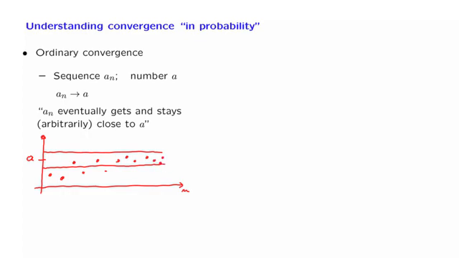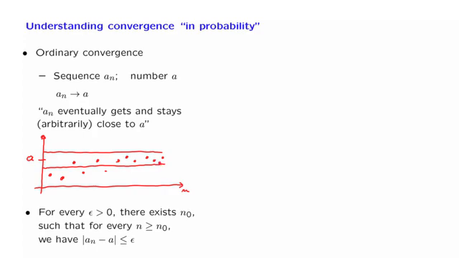Now, to translate this into a more formal mathematical statement, which is the mathematical definition of the notion of convergence, we have the following. If I give you some epsilon, epsilon could be a very small number. I form a band around a that goes from a minus epsilon to a plus epsilon.